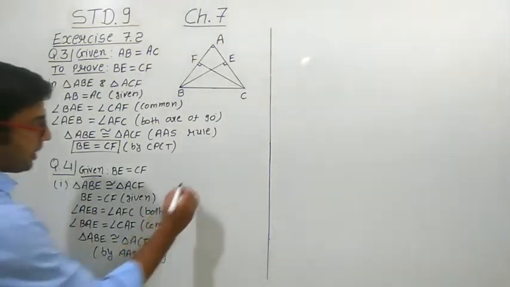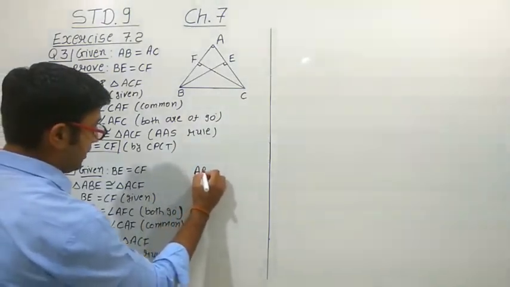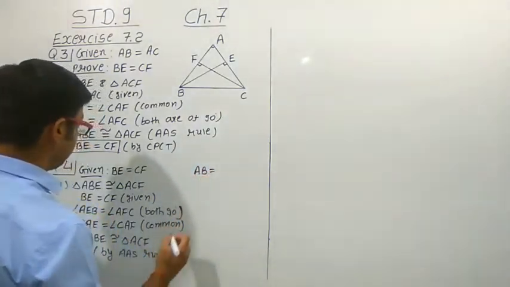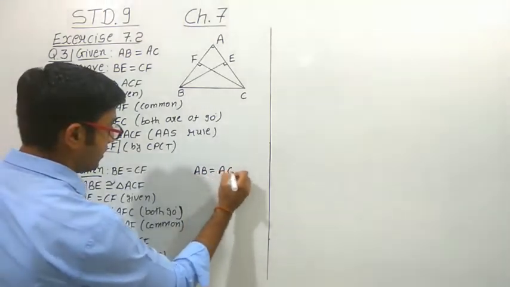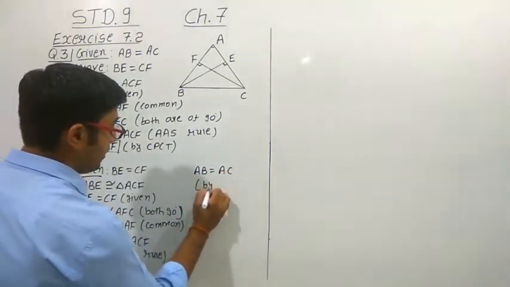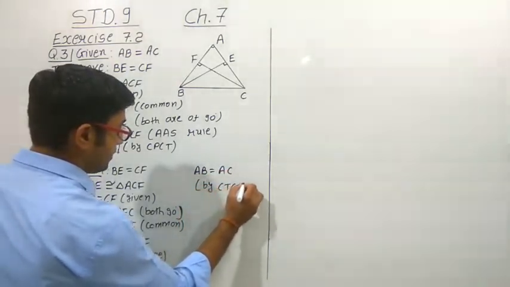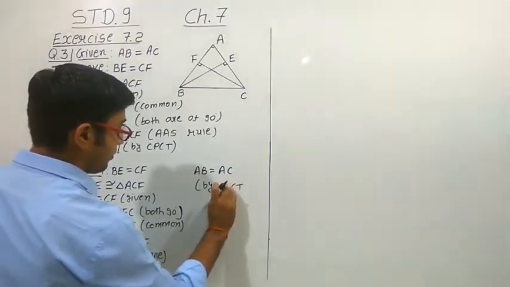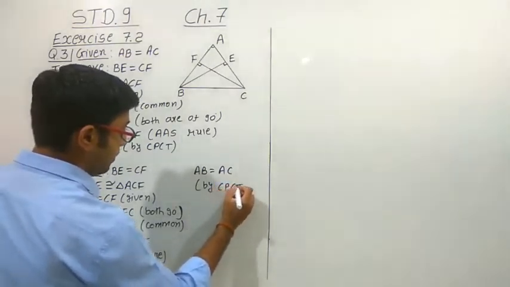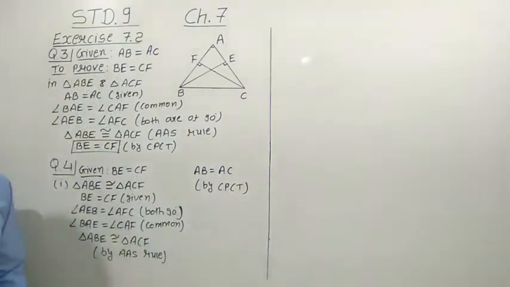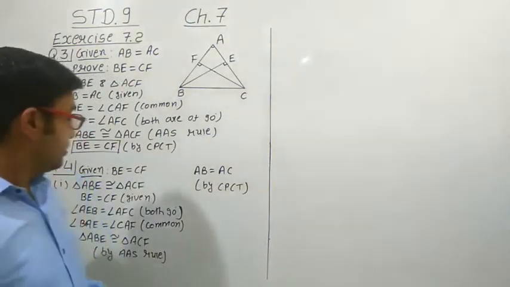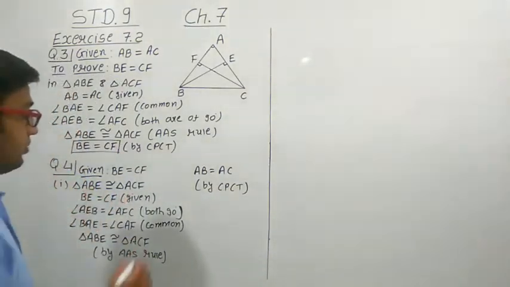So corresponding parts we have to write down: AB is equal to AC. This we can write down by CPCT, corresponding parts of congruent triangles. The first thing we have to prove is that both the triangles are congruent.